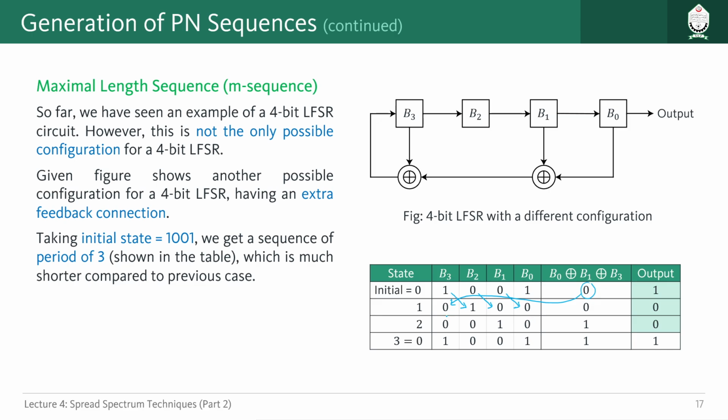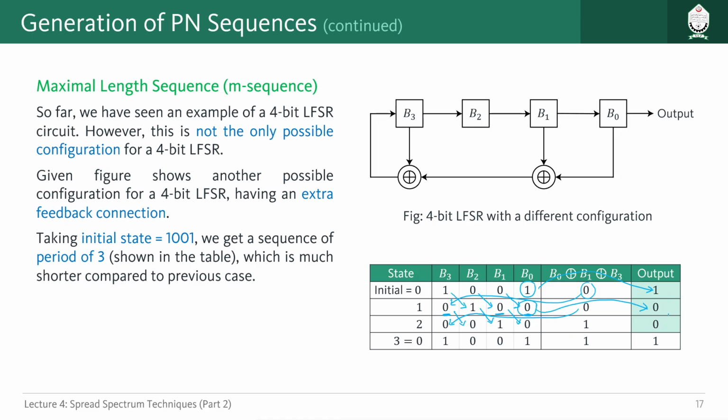Then again we have to take B3, B1 and B0 and XOR them together, and we have 3 zeros, so the result will be 0. That value will go to B3 in the next state. All the values will go to its right stage like this, and for each of the cases we can take the output from B0, right? So B0 is going there.